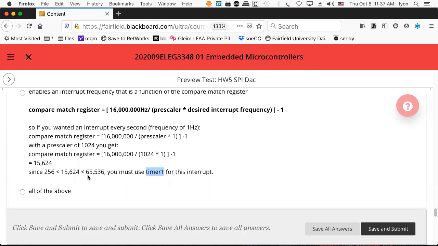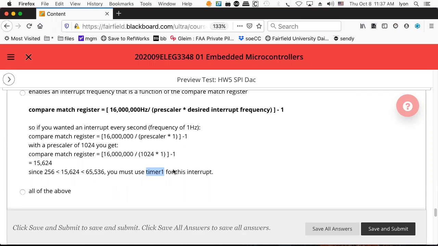And so what you do is you put in 15,624, which adds 1 to that, because as soon as it reaches it and overflows, it triggers the interrupt. That's why this timer is actually running at a frequency of 15,625 hertz. So you take that frequency, subtract 1, and that gives you the compare match register. So when the timer reaches that number, it triggers the interrupt.